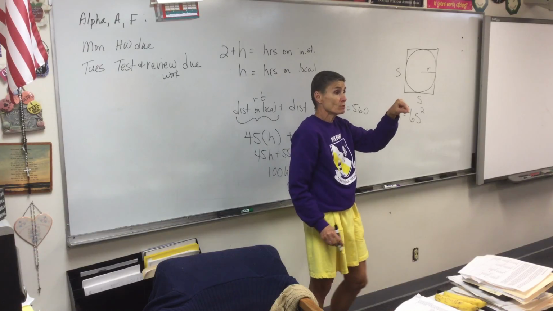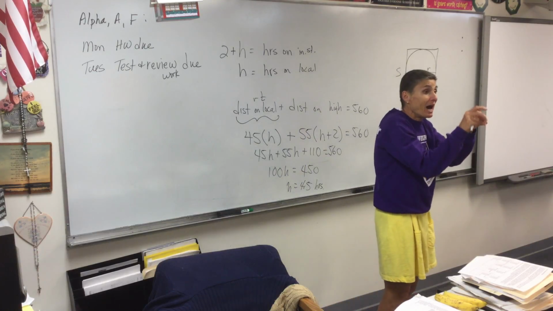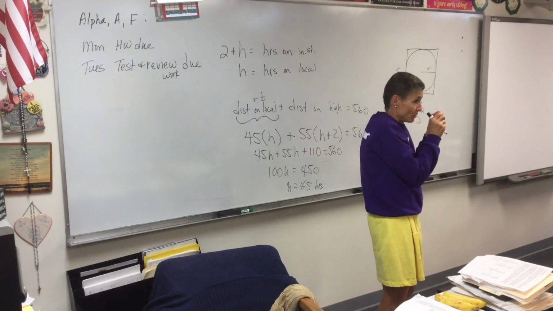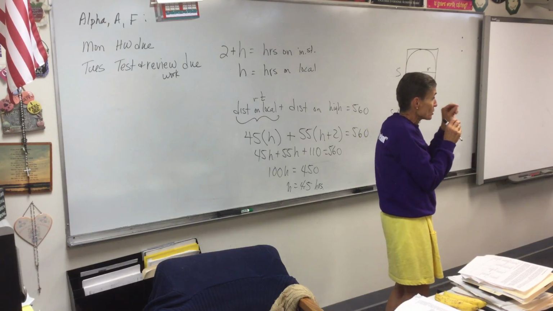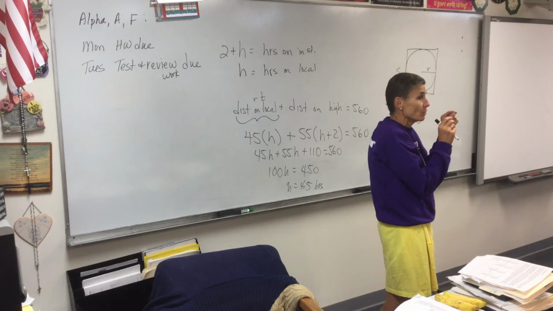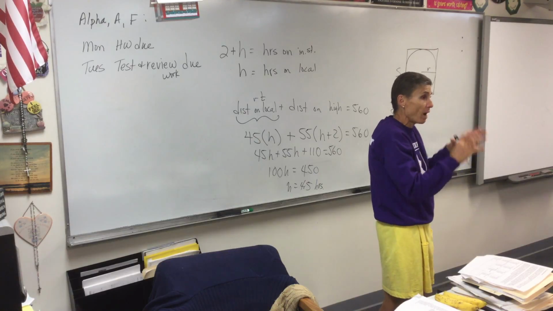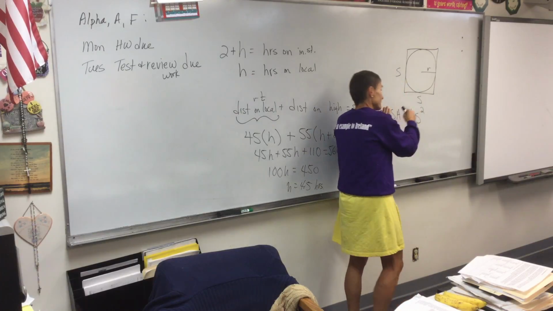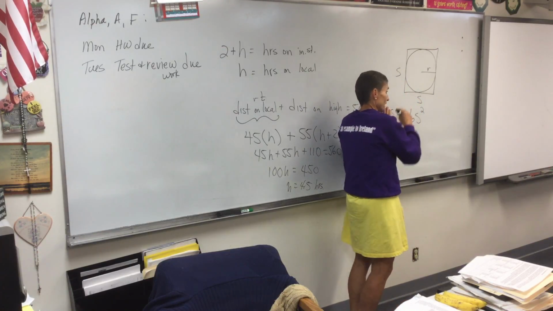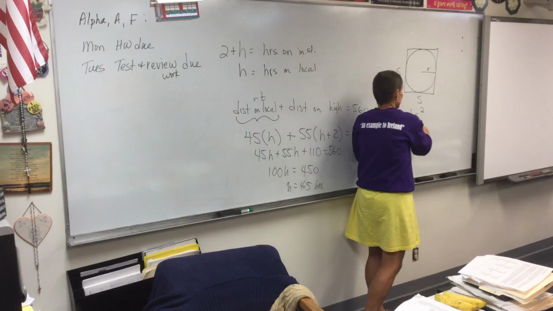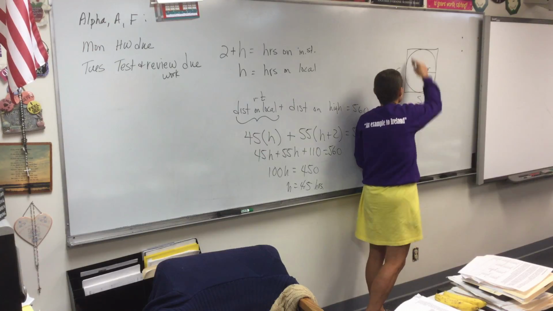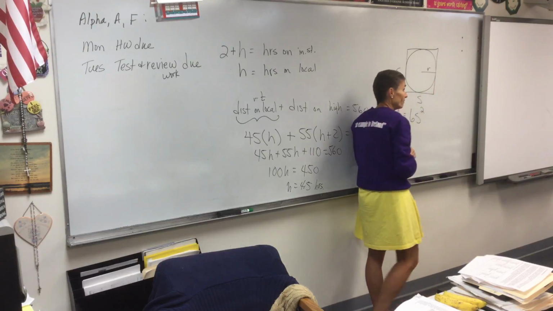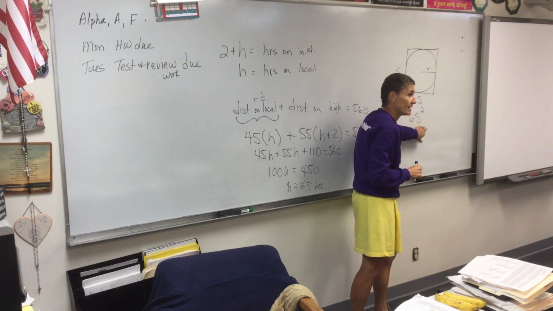This is one of those things that happens a lot in first semester calculus: you have to rename or rewrite the exact same equation. This is a correct equation. It is perfect. The problem is, it's in terms of S, and I need it to be in terms of R. I need R's here, not S's.